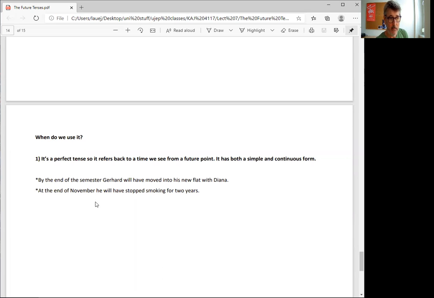Another one: at the end of November, he will have stopped smoking for 2 years. That's a continuous, will have stopped smoking. No, it's not continuous, sorry. At the end of November, so what do we know? He quit smoking almost 2 years ago.